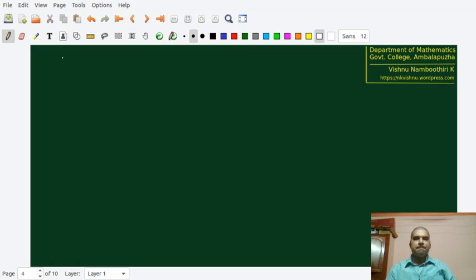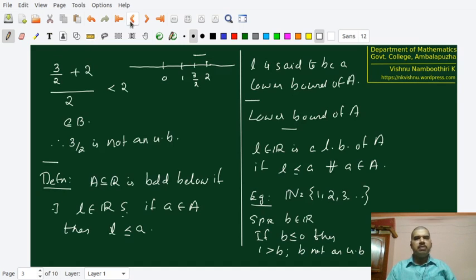On the other hand, if b is less than 1, then 1 is greater than b, therefore b is not an upper bound.